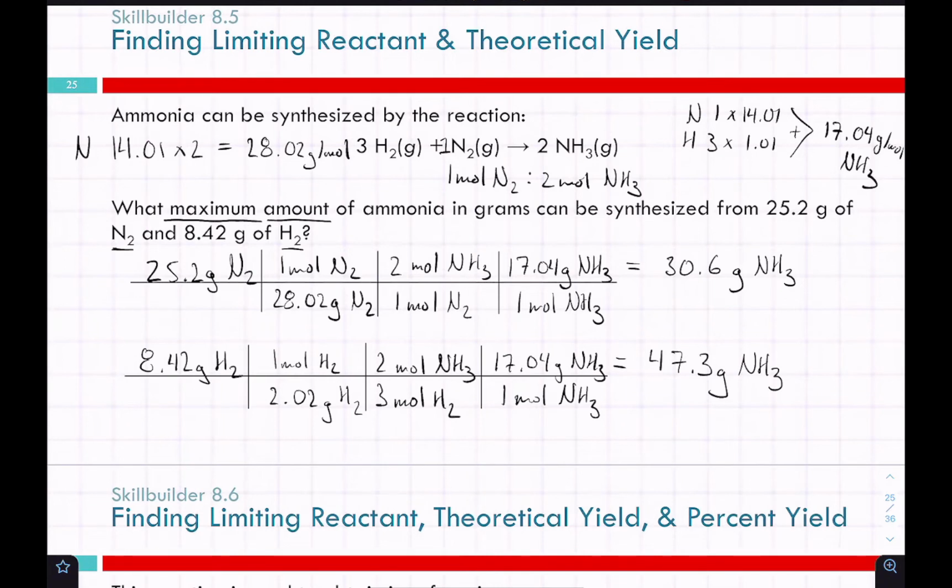But if we do the same thing with nitrogen, we only get 30.6 grams of ammonia. So we'd run out of nitrogen before we could make this amount of ammonia. So your maximum amount is still the limiting reagent.